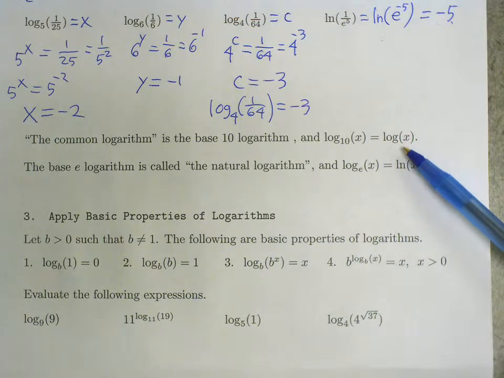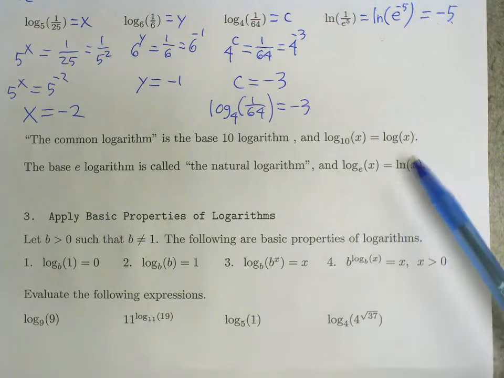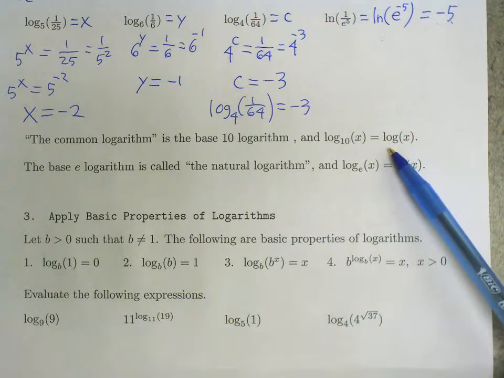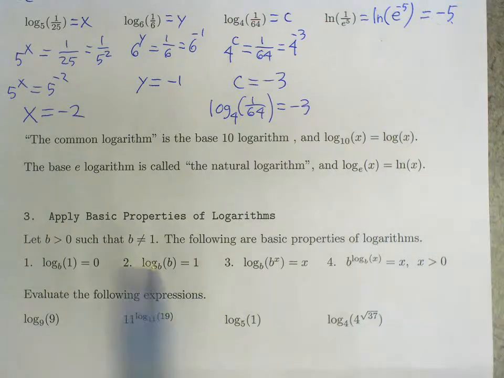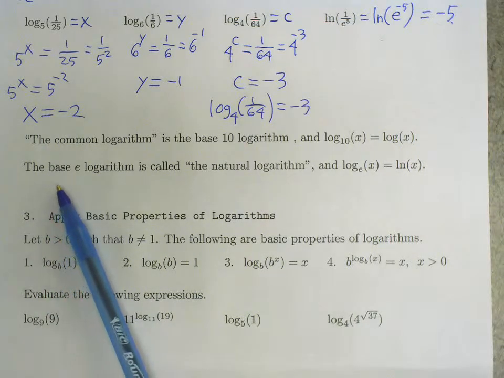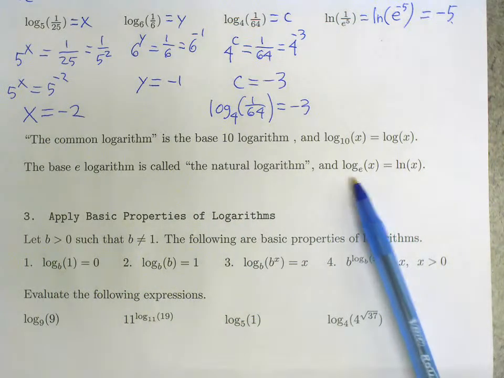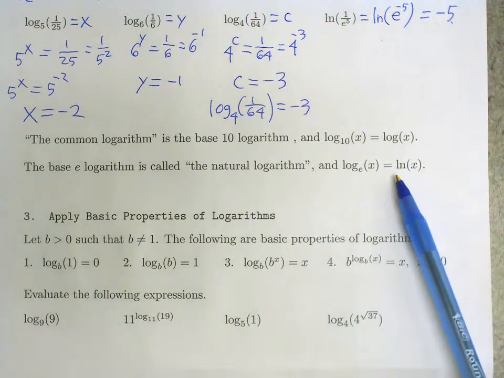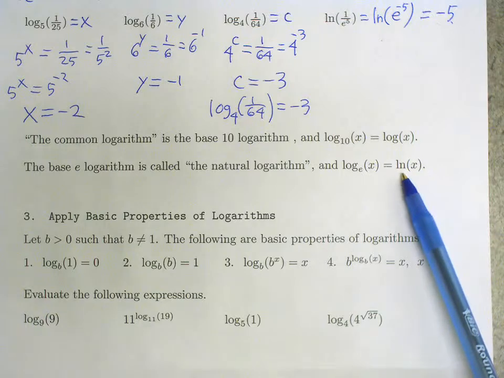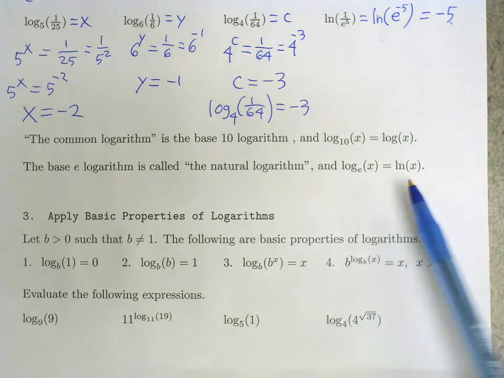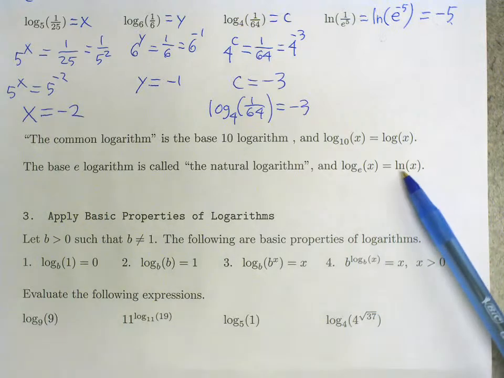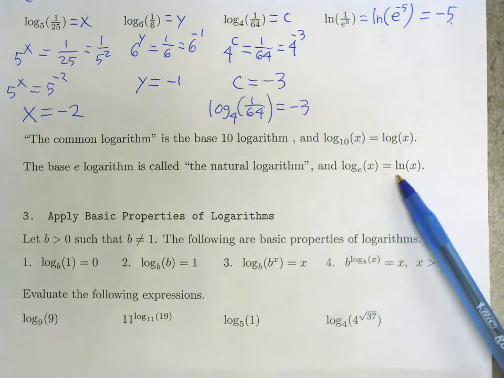Your high-powered calculators have the base 10 logarithm key on those. And then we've already discussed the base e logarithm that's called the natural logarithm. The base e logarithm, the special notation is ln for the natural log. So this is always known to be a base e logarithm. And your calculator also has the natural log function.